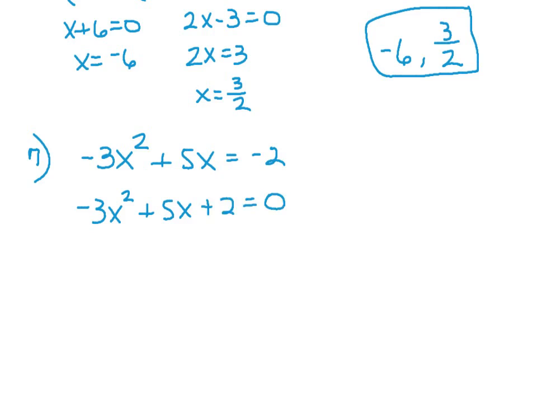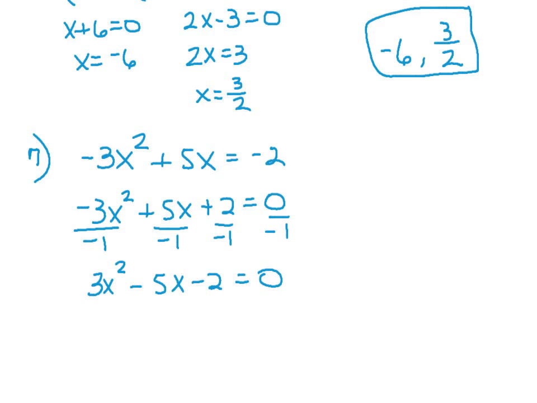If you recall, many chapters ago, we learned standard form of a quadratic equation. A cannot be negative. So we will divide each and every term by -1 in order for a to be a positive integer. So we have 3x squared minus 5x minus 2 is equal to 0.